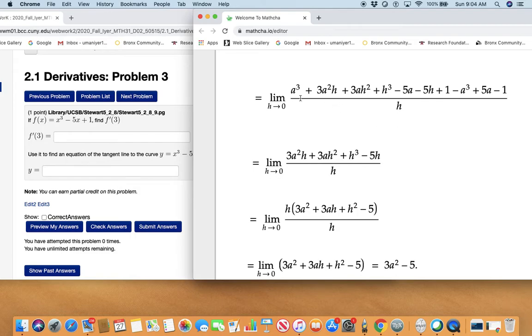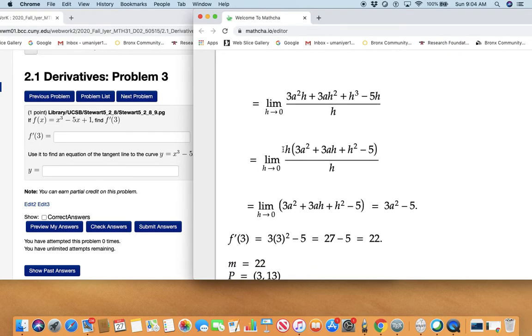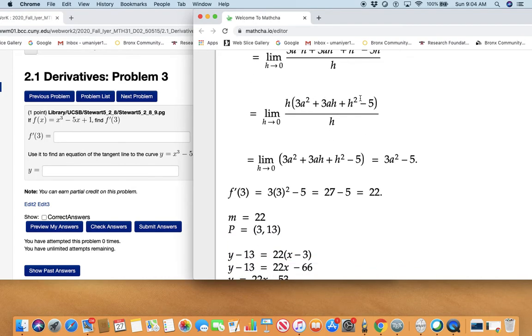Simplify. Look, a cubed goes away, 1 goes away, 5a goes away. Only h terms survive. Get h common, and once you get h common, the h's cancel. Whatever is left, you are taking the limit as h approaches 0.